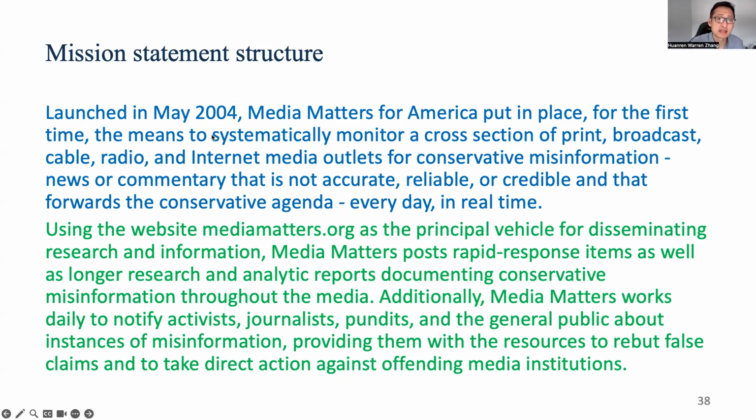So launched in May 2004, Media Matters for America put in place for the first time the means to systematically monitor cross-sectional print, broadcast, cable, radio, and internet media outlets for conservative misinformation, news or commentary that is not accurate, reliable, or credible, and that forwards the conservative agenda every day in real time.